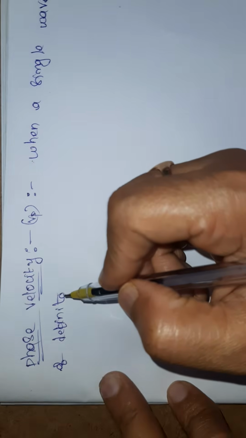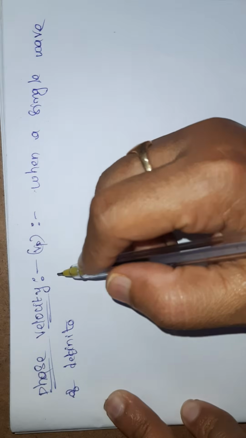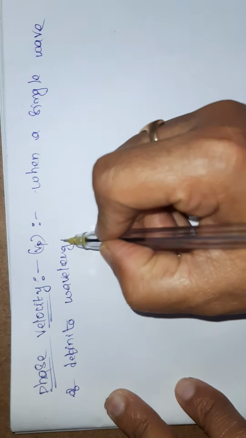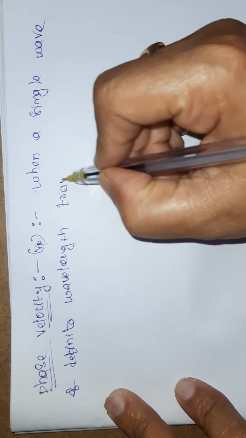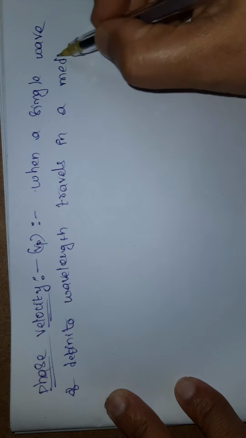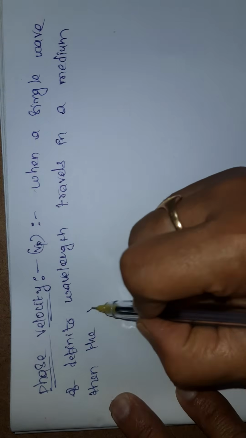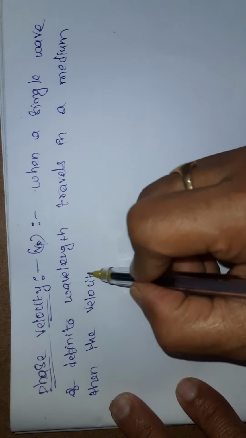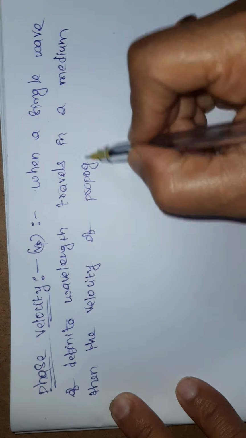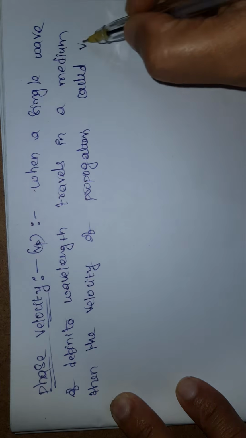So here is the definition of phase velocity. When a single wave of definite wavelength travels in a medium, then the velocity of propagation is called phase velocity.